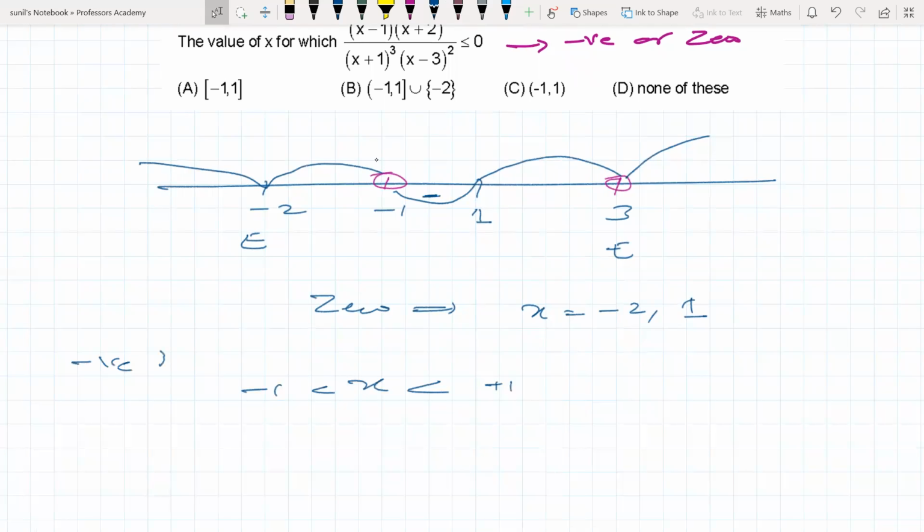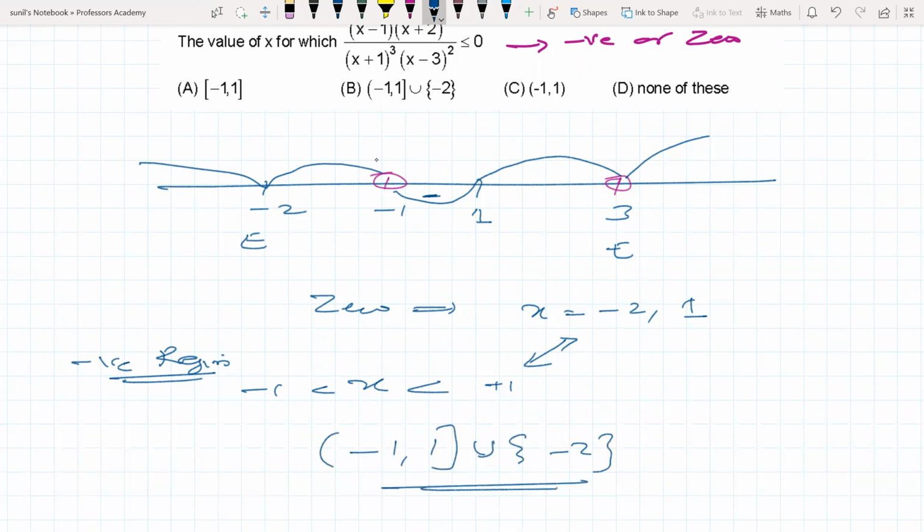Both of them we can use here. The final answer: we can't take minus 1, but we can take plus 1 because 0 is needed. Together with this, minus 2 also we can collect. So the answer for this problem is option B only.